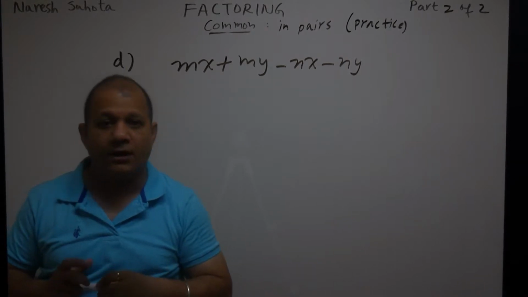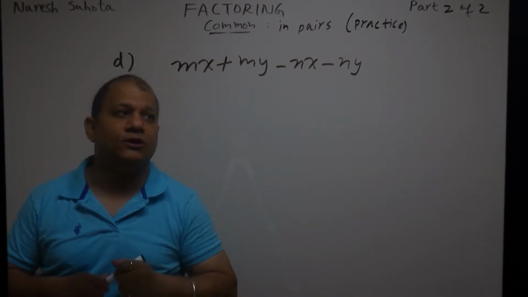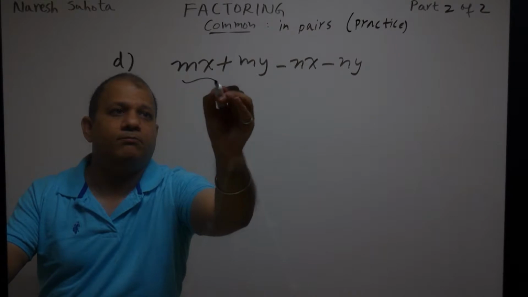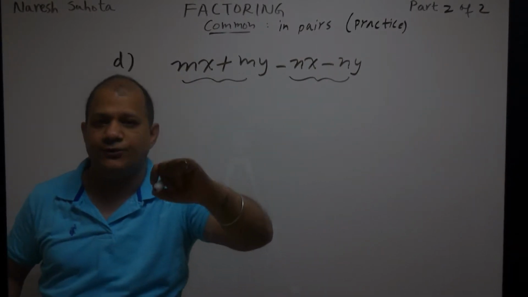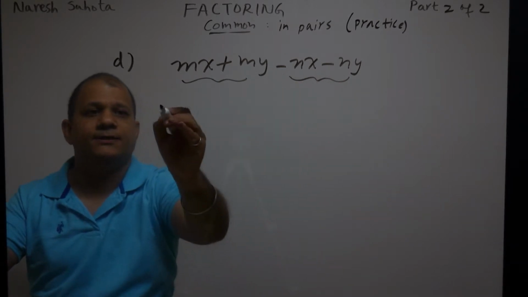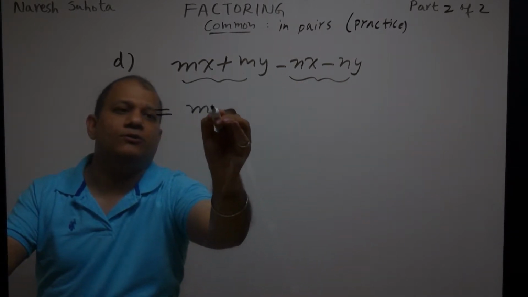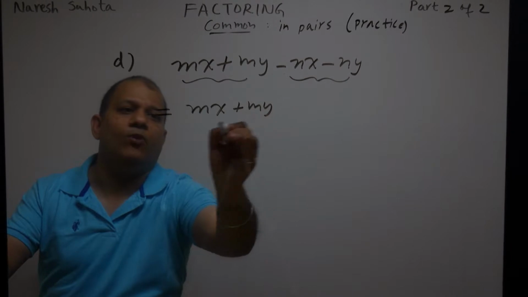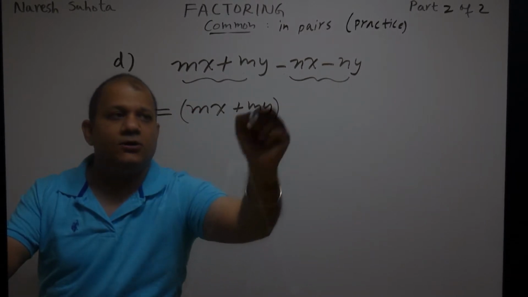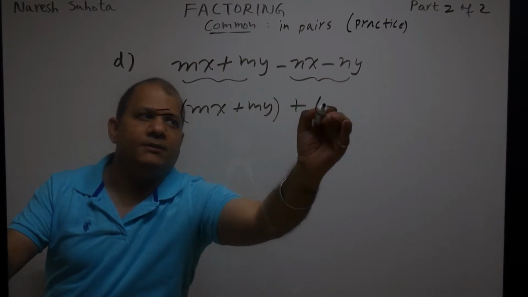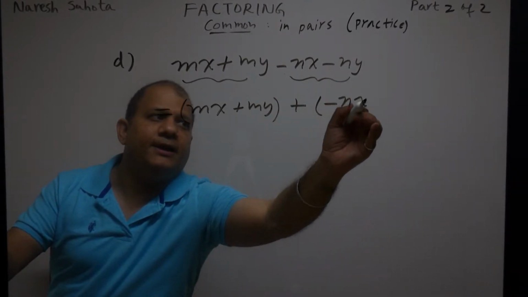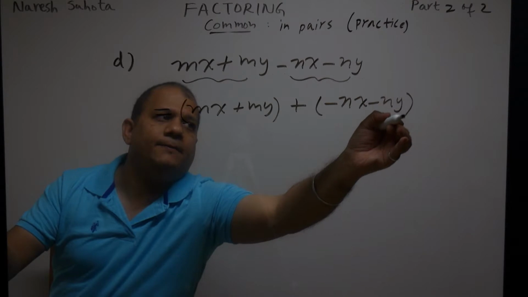Again, we are common factoring in pairs. So let's group the first two and the last two, since we have m's in the first two and n's in the second two. Here I'm going to rewrite mx plus my in brackets. Always have a plus here, and copy the last two terms. That's negative nx minus ny.